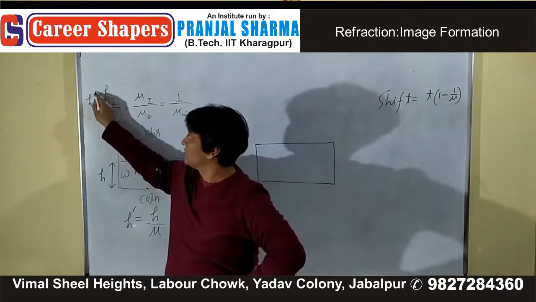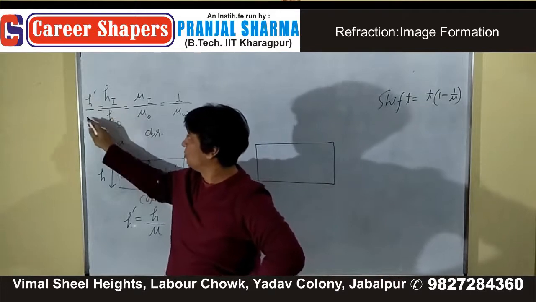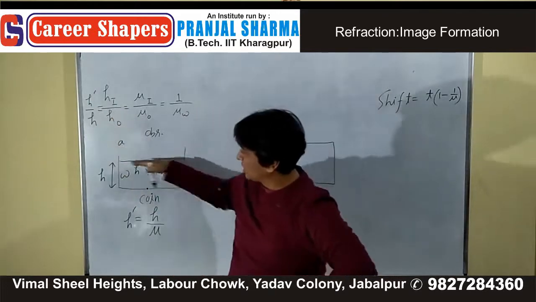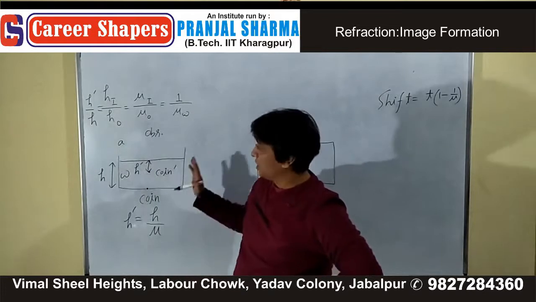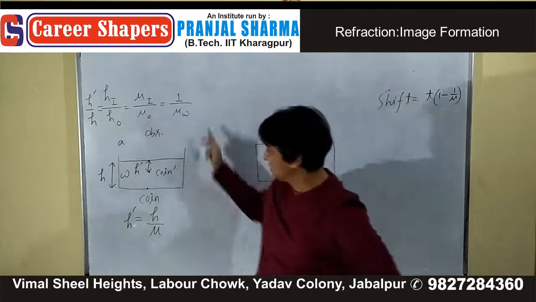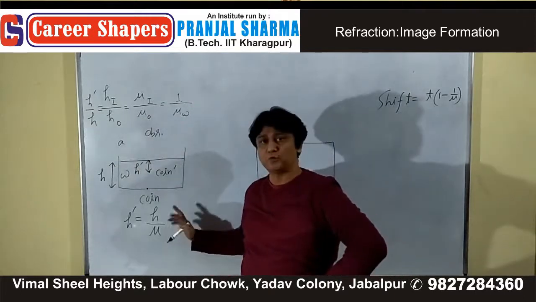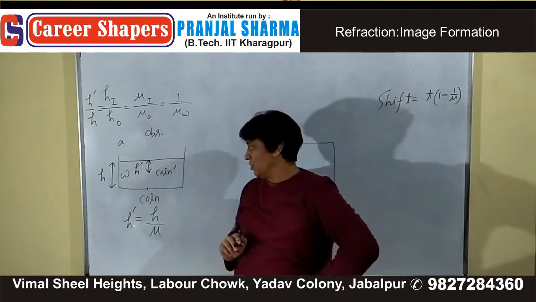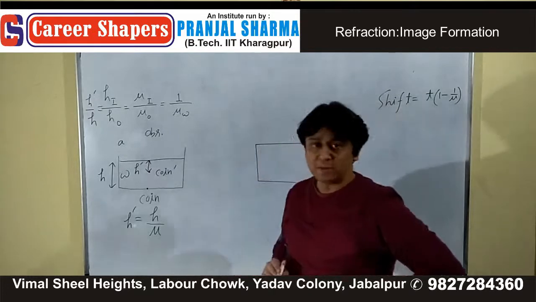Hi is H dash, HO is H. They both are taken from this interface, and we have already done this thing, and therefore you can see H dash is coming simply H upon mu. So second trick, you must remember this part.